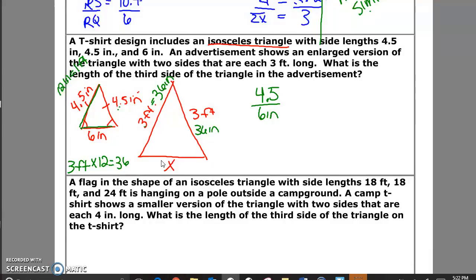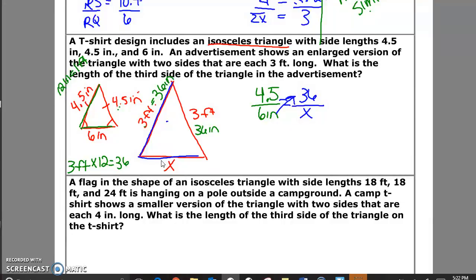Now using the same corresponding sides in the larger triangle, we're going to set up this diagonal side, which is 36 inches, and then this bottom one, which we don't know, is x. And so this is where we're going to be solving equations using that cross multiplication.